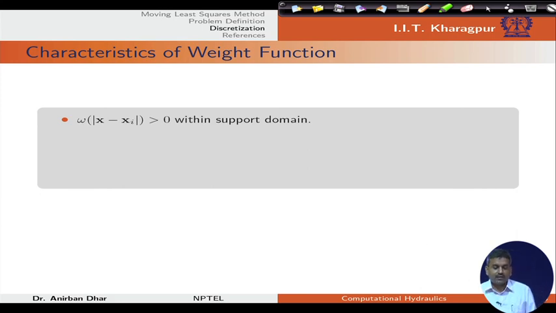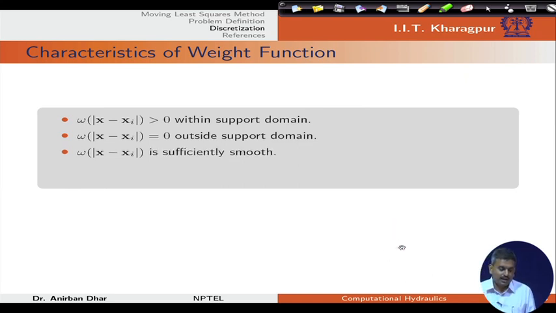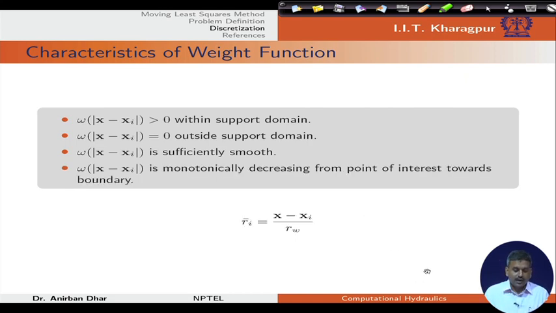Now, characteristics of this weight function omega x minus xi: it should be greater than 0 within support domain, should be 0 outside support domain, and is sufficiently smooth. That means a smooth function is required for this weight calculation, and this omega x minus xi is monotonically decreasing from point of interest towards boundary.